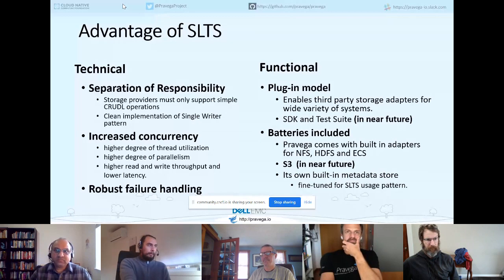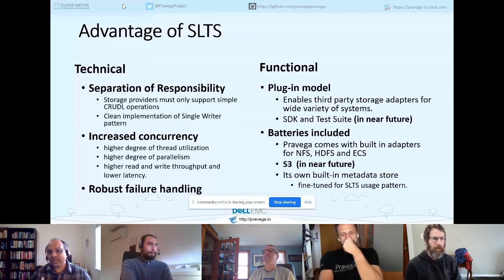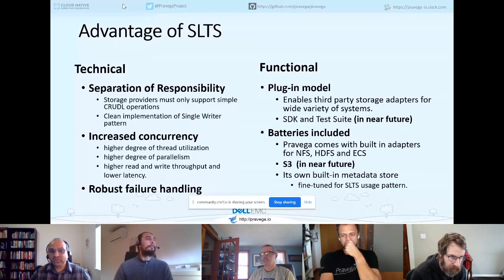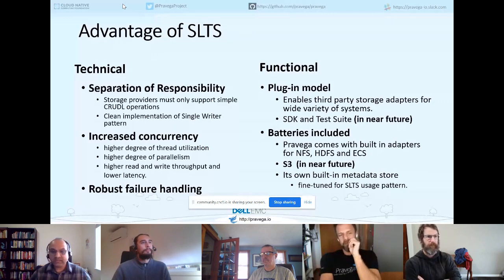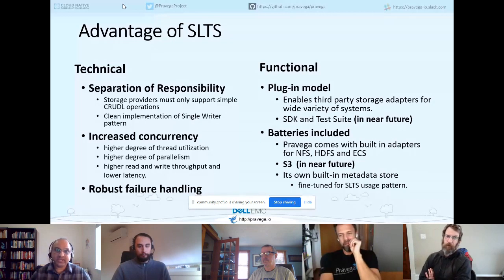From the functional point of view, the biggest advantage of SLTS is now we have a plugin model which enables third-party storage adapters to implement storage adapters for Pravega for a wide variety of systems. In the near future, we will have an SDK and a test suite so that you can actually test your implementation against a given test suite.